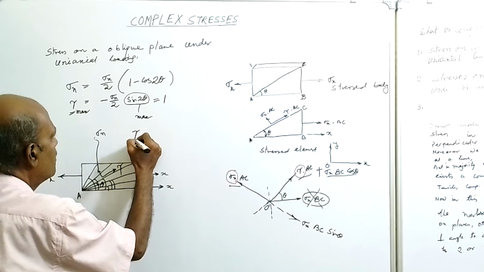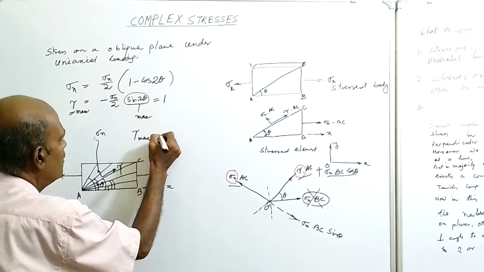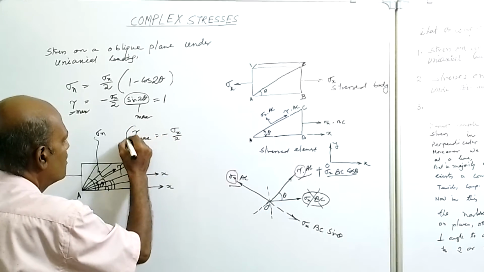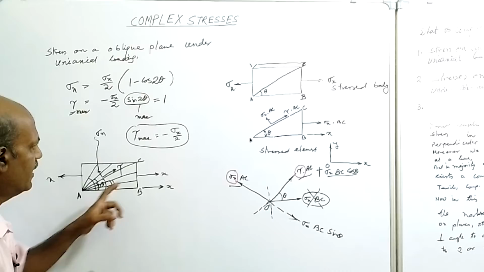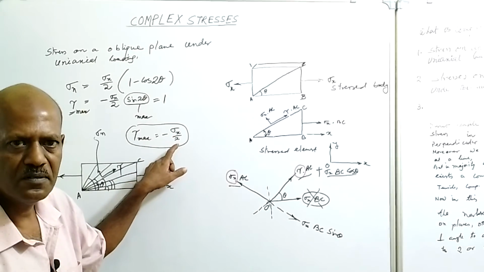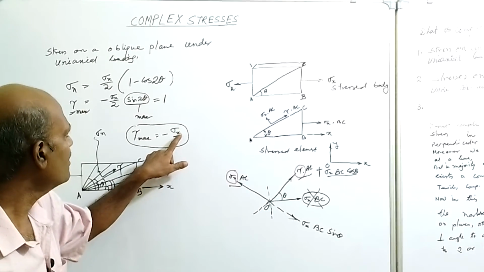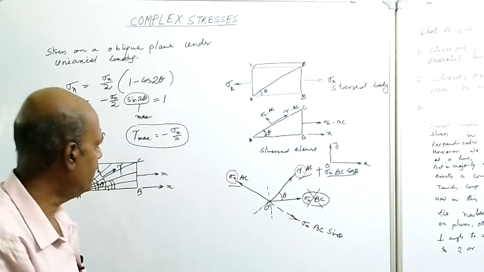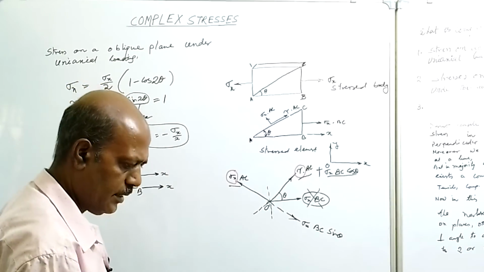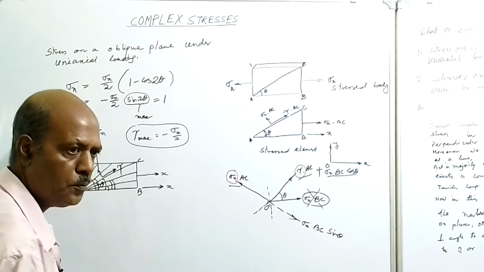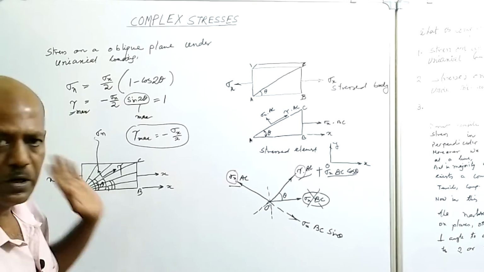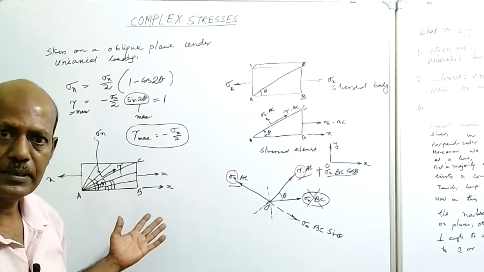So tau max will be minus sigma x by 2, which is numerically half of the stress applied in the x direction. So these two formulas we have developed here are for a body under uniaxial loading.